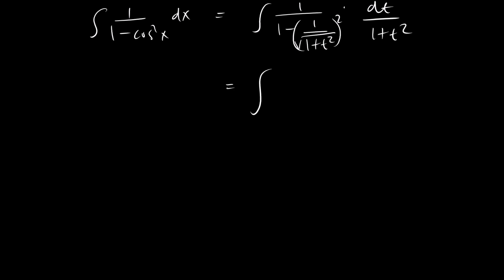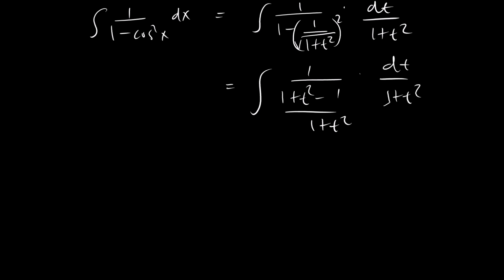So this is 1 over 1 plus t squared minus 1 over 1 plus t squared, all over 1 plus t squared. And this and that cancels, so we have the integral of 1 over t squared, which is the same as negative 1 over t plus c.